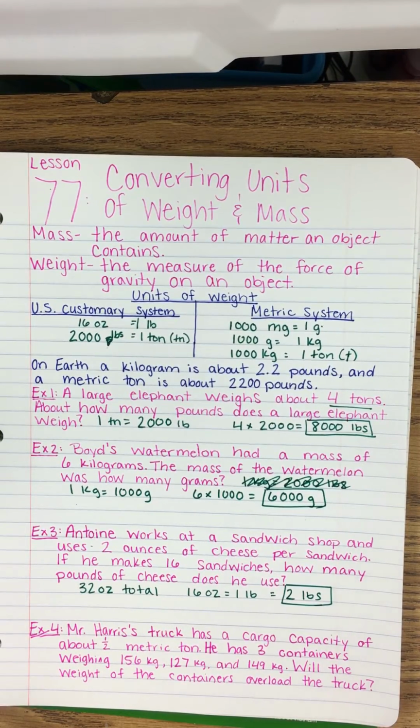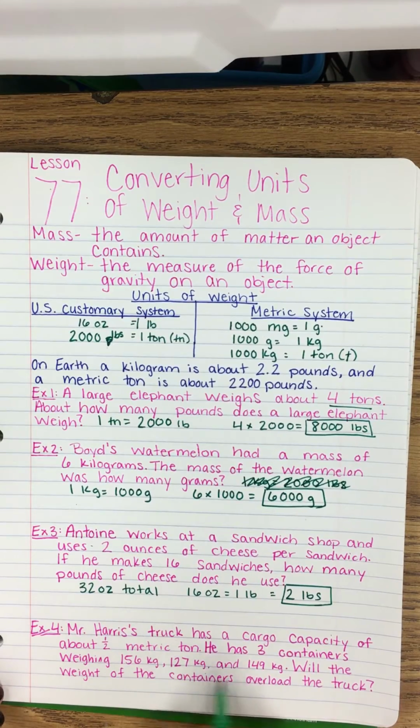And example 4. Mr. Harris's truck has a cargo capacity of about 1/2 of a metric ton. So 1,000 kilograms is what his capacity is. He's got 3 containers that he needs to put in this truck. We're going to estimate how much this weighs.